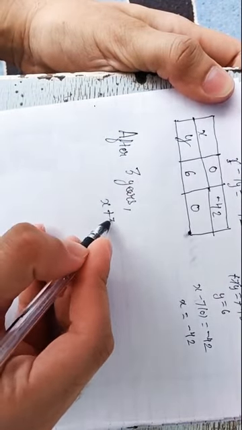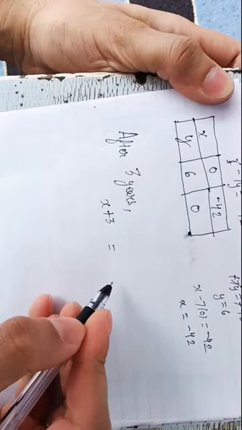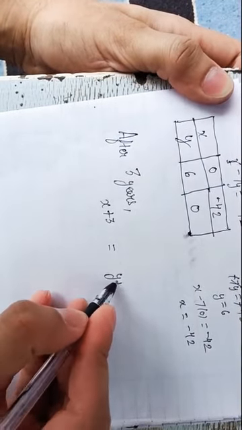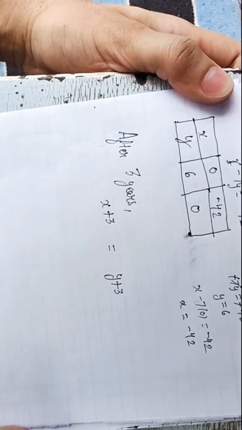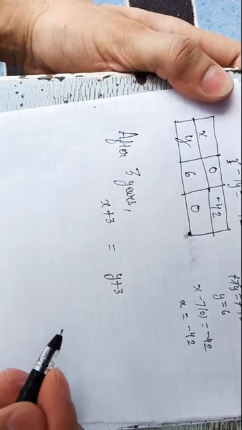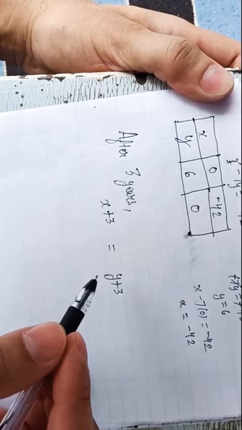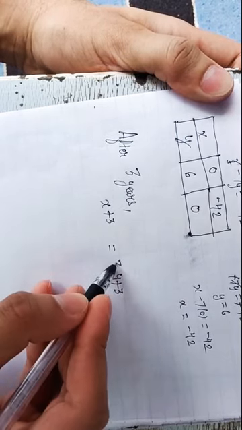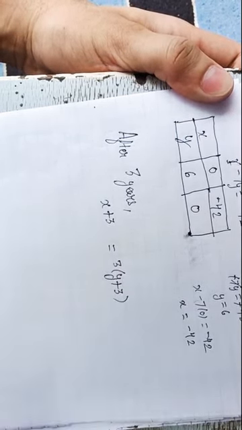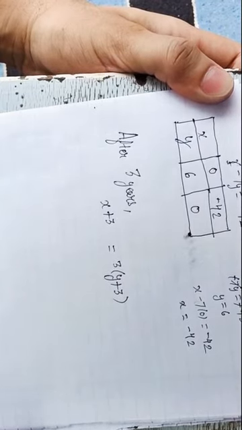X plus 3. What will be the age of his daughter? Y plus 3. And after 3 years, what is the condition given to us? I shall be 3 times as old as you will be. So 3 times his daughter's age. 3 multiplied with this age. That will be the equation.